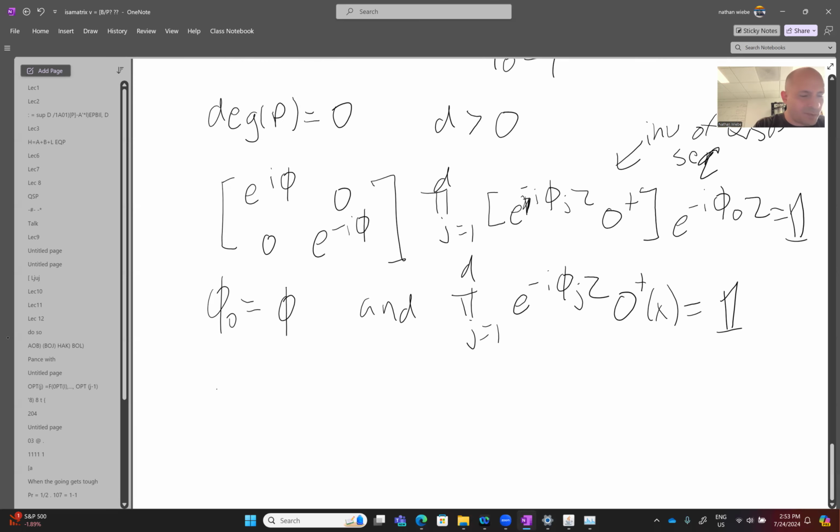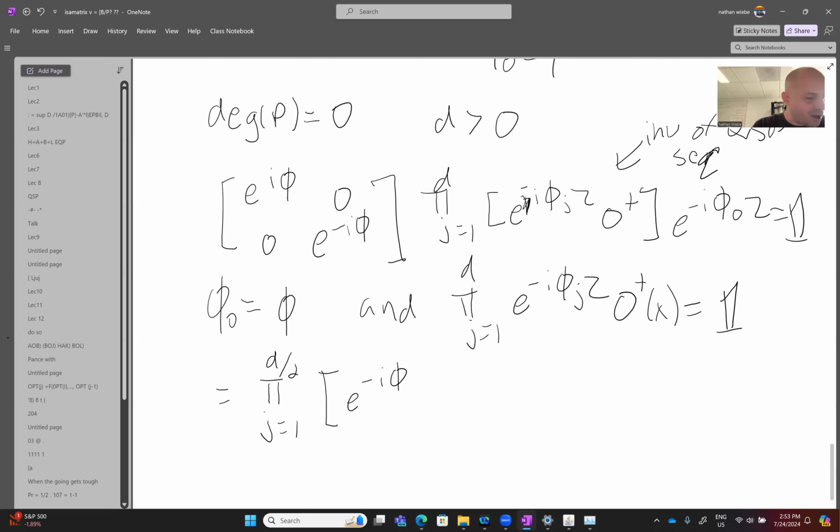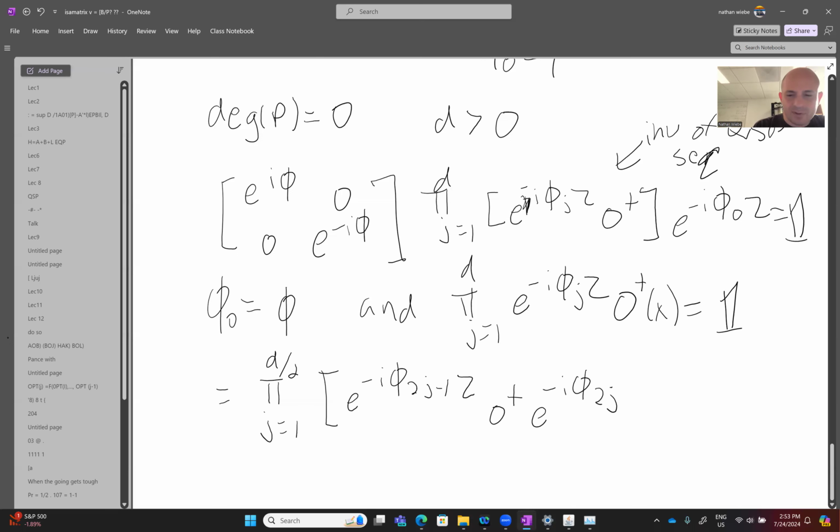So the way we can do it is by writing this as the product over j equals 1 to d divided by 2 of e to the negative i phi_(2j minus 1) z O dagger e to the negative i phi_(2j) z O dagger.